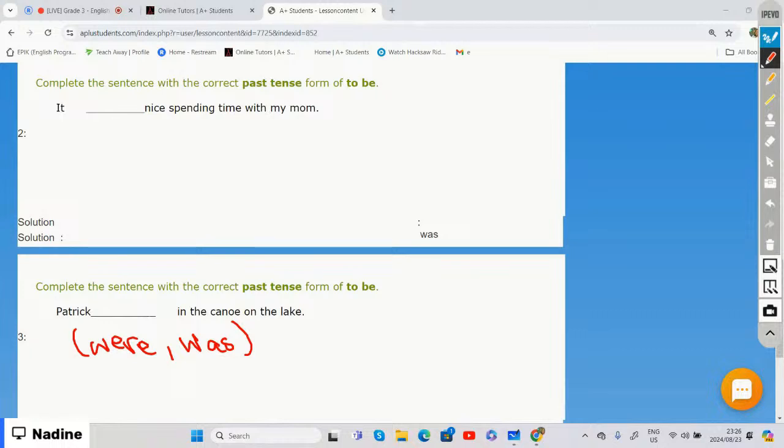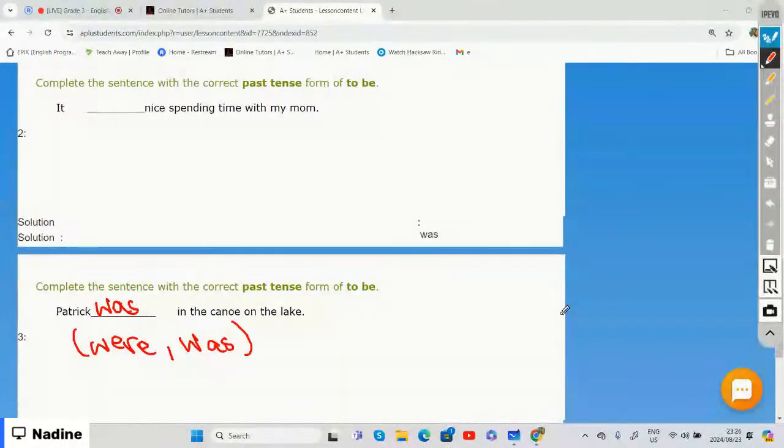We need to show the correct past tense form of the verb. And if we were to choose the correct one, we would say Patrick was, because if we refer to one person or thing doing something, then we use the word was in the past tense form.